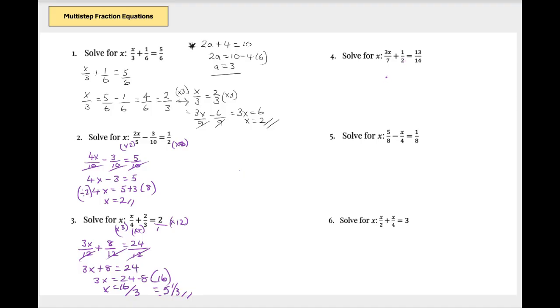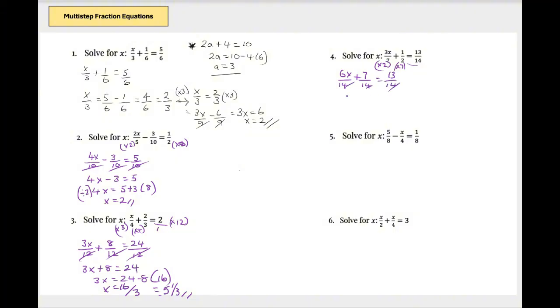Back to this one now. So now I'm going to do exactly the same. I know that 14 is the lowest, so I'm going to times this by 2 and by 7. 2 times 3 is 6x over 14 plus 7 over 14, and that stays the same.